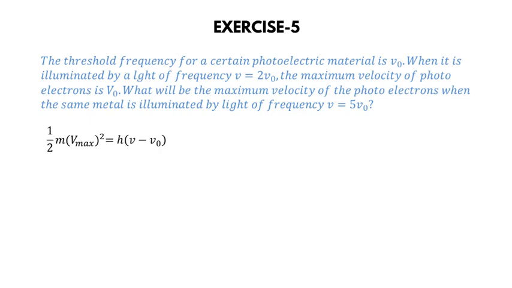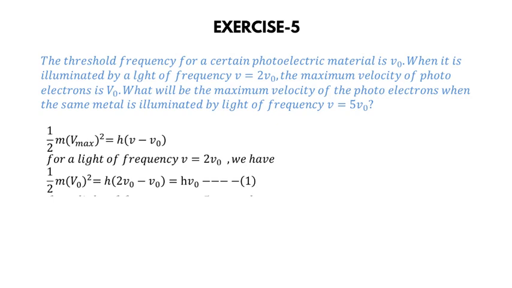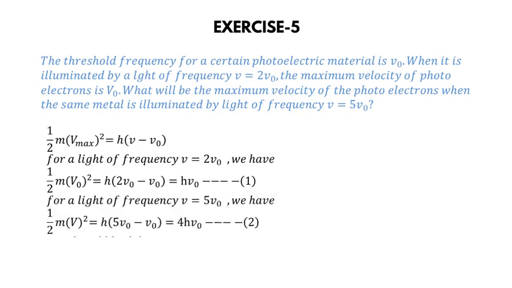Here we have to use the equation for the kinetic energy, half m V max square equal to h times nu minus nu naught. For a light of frequency nu equal to 2 times nu naught, we have half m V naught square equal to h times 2 nu naught minus nu naught equal to h times nu naught, which is equation 1.